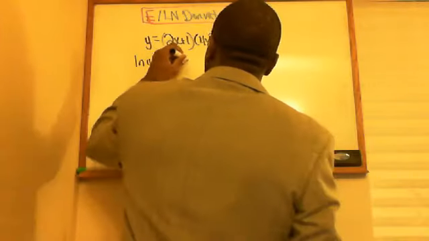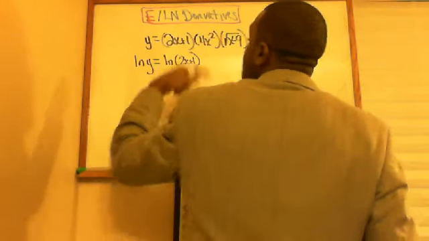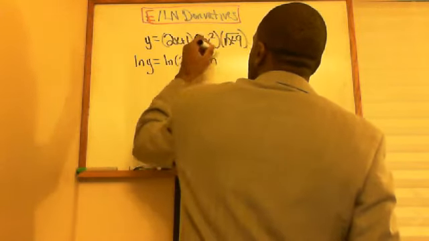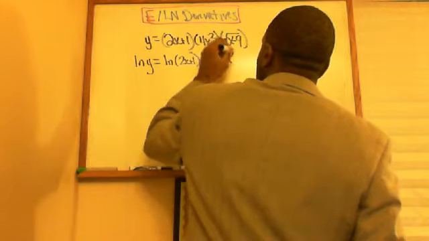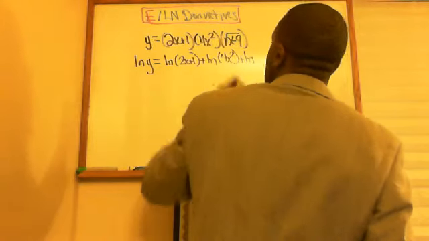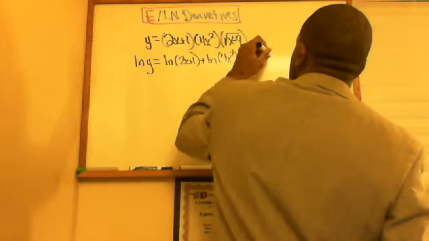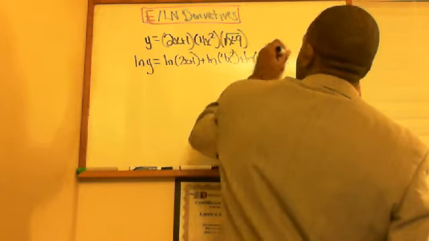Natural log of y equals the natural log of 2x plus 1. And since I'm multiplying, my natural logs, I actually add them. So plus the natural log of 4x squared plus the natural log of x minus 9 to the 1/2.